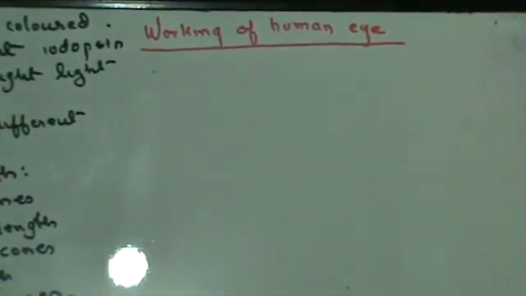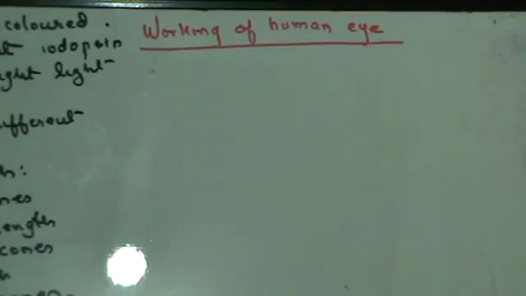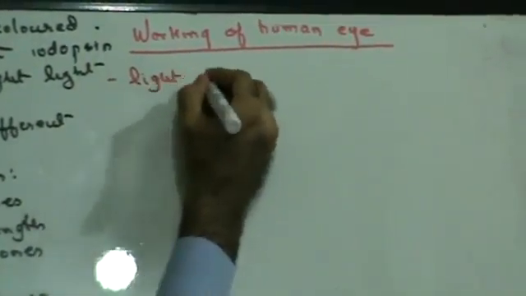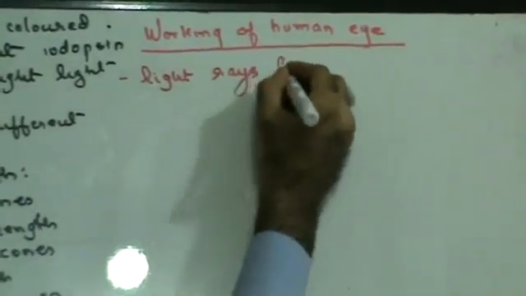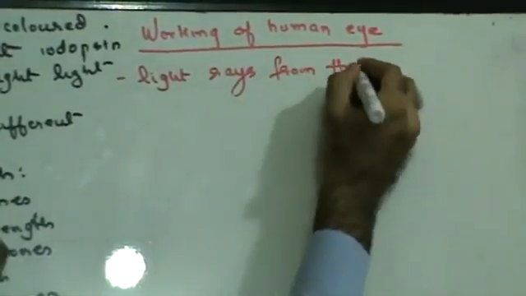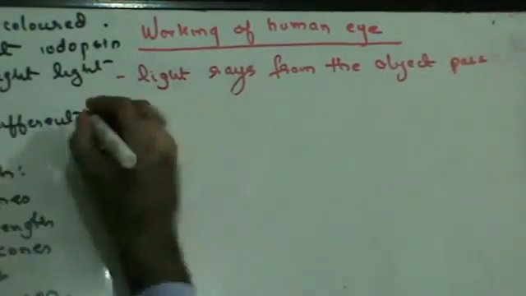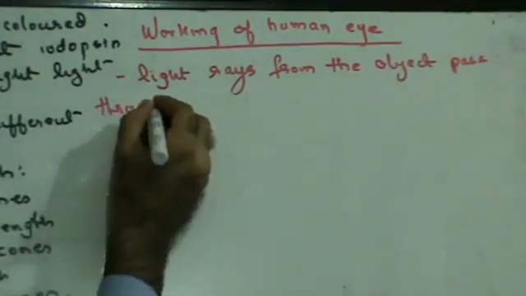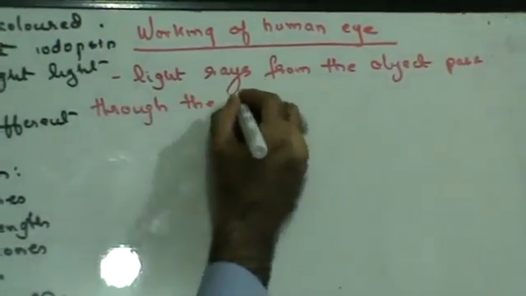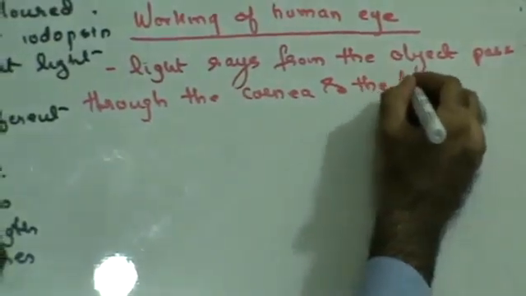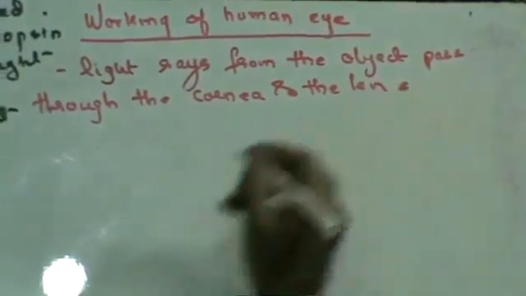Working of human eye. Right? Light rays from the object pass through the cornea and the lens, right?